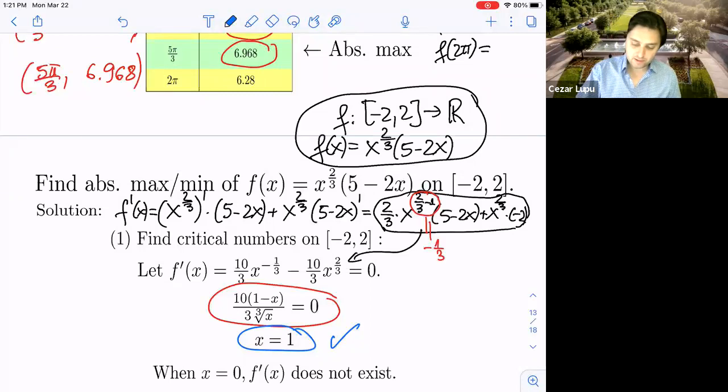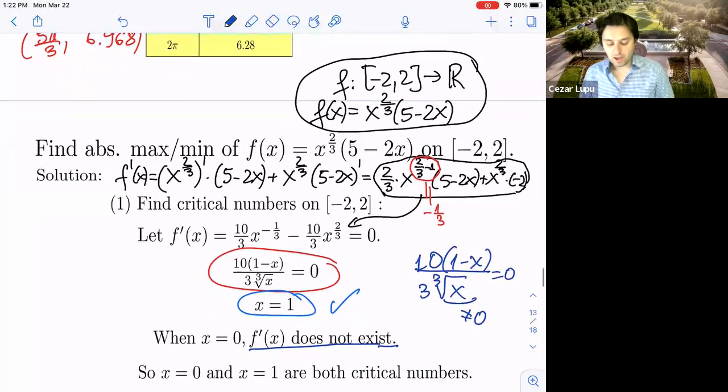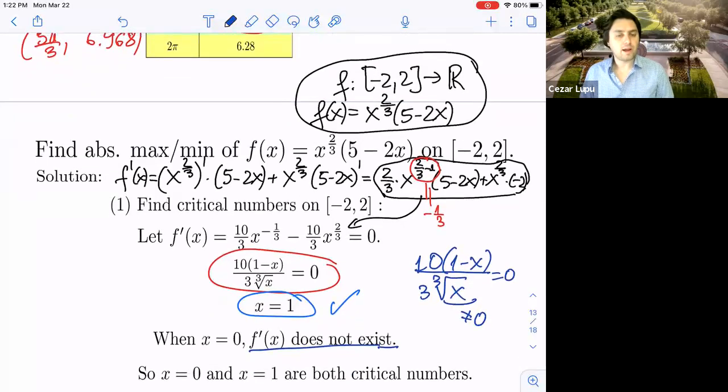Look at this equation: we have this on the bottom, so it cannot be 0. So when x equals 0, f prime does not exist, right? Great. And so x equals 0 and x equals 1 are both critical numbers.